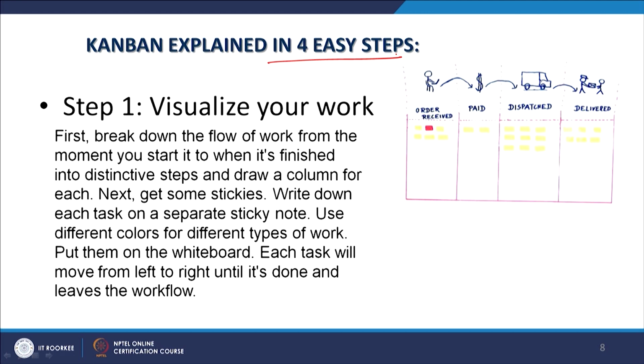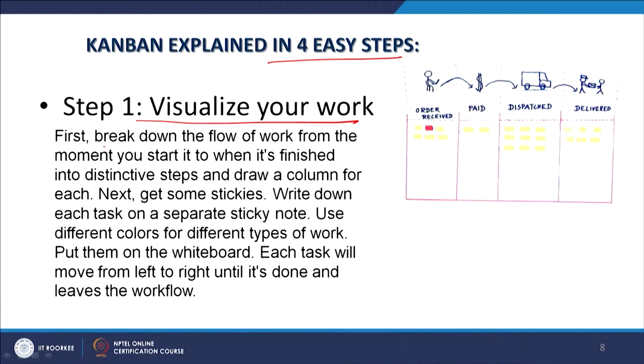The first is you have to visualize your work. So, first you need to see this kind of flow diagram, what the various stages and steps involved in your work are. That is the first part: break down the flow of work from the moment you start it to when it is finished into distinct steps and draw a column for each.